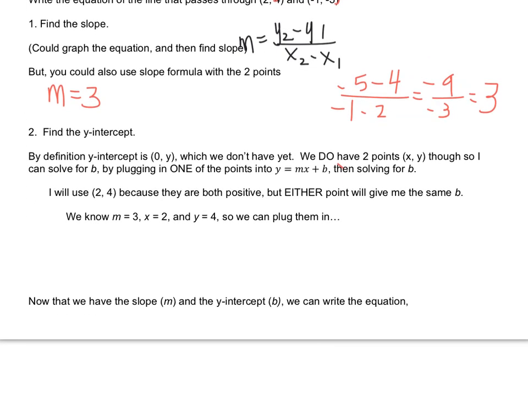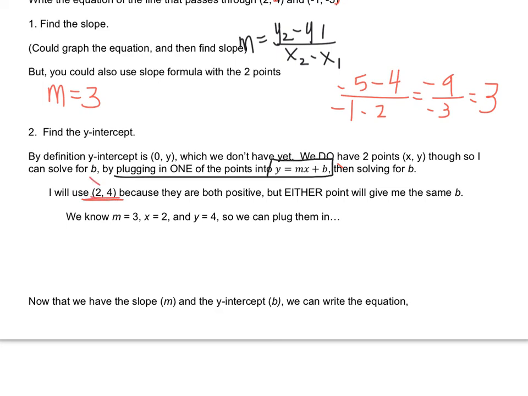And here's what you do. We can do some algebra, and we can solve for the b by plugging in one of the points into y equals mx plus b. Now, you can use either point, but everybody likes to use the positives because they're friendlier numbers. So we'll plug in 2, 4, and here's what we know.